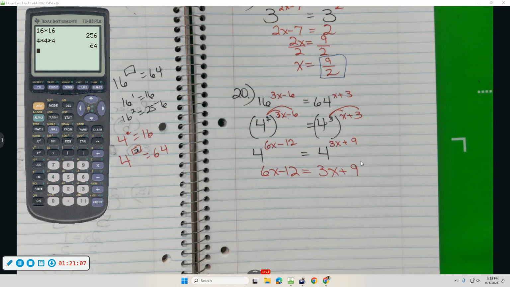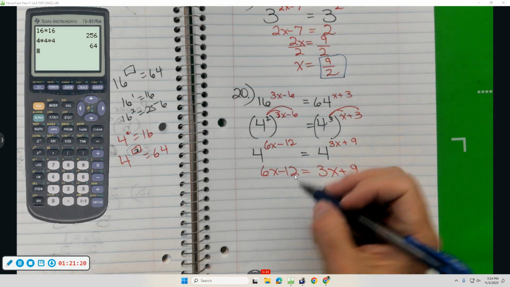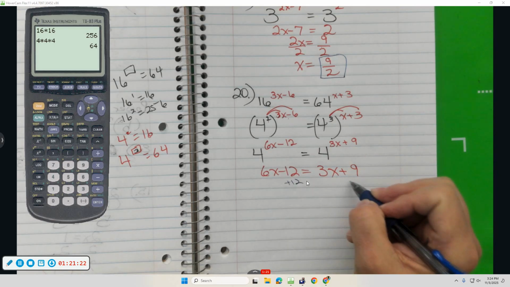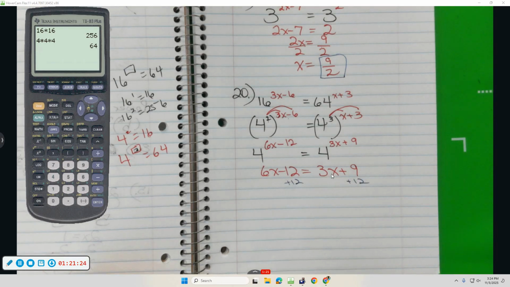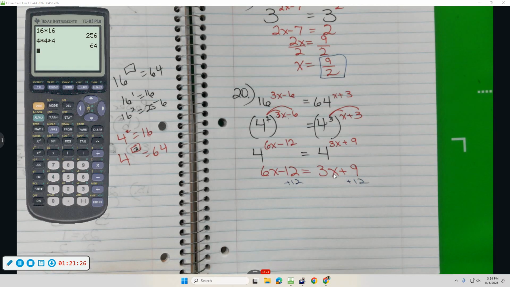Let's get all the x terms on the left side. What do we need to do to get the x terms combined over here? Oh, well, okay, so you want to add 12? Okay. Add the 12. What are we going to do about the x's?